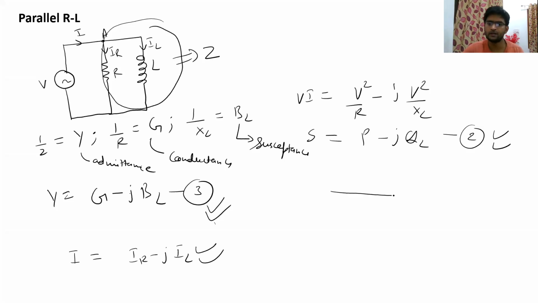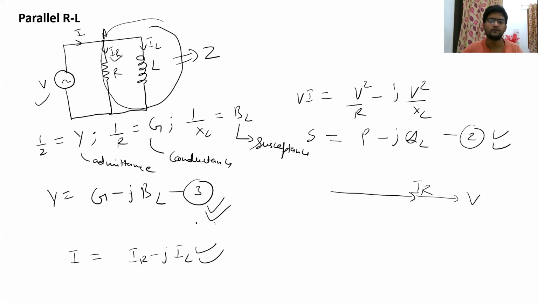If we take IR in this direction, since this voltage V is across resistor R, the phase of V and the phase of IR is going to be the same. So in the same direction, V is also in the same phase as IR.